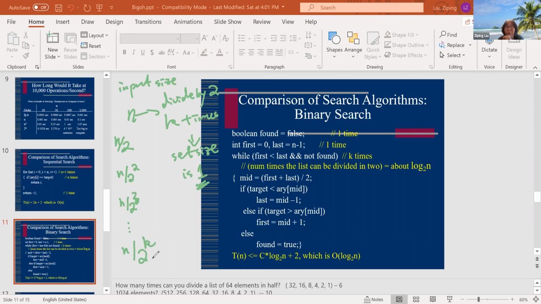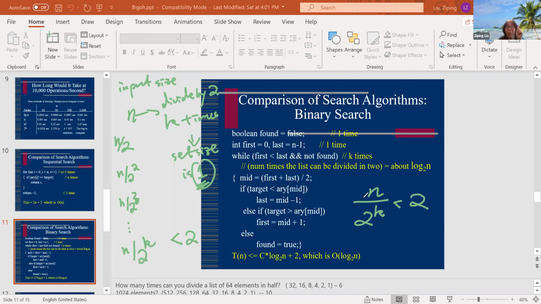After that, your size should be less than 2, because it's 1. So we have this expression, n divided by 2 to the k. This is going to determine the final step size. And we stop, so it's less than 2.